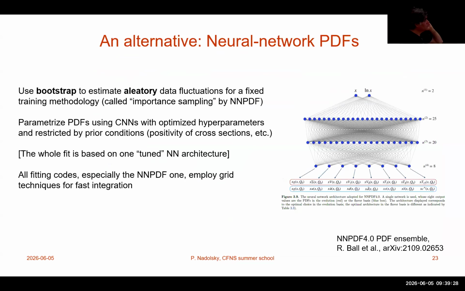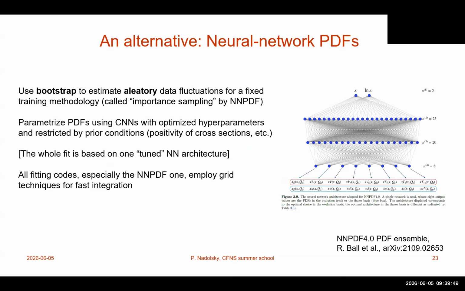So let me talk about the neural networks. For example, the neural network PDF ensemble is generated by using a neural network to approximate these interpolating functions. Now what they do is that they bootstrap the data, and let me make clear again what I mean by this.